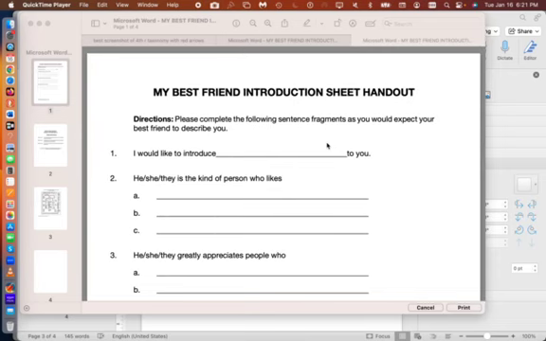So what's happening is that each person completes this handout about himself or herself, and they could share it with another person in the group, and then eventually they can mill around and share with the entire class. Or if the facilitator likes, you can use this as an introductory activity to share yourself with the entire group.